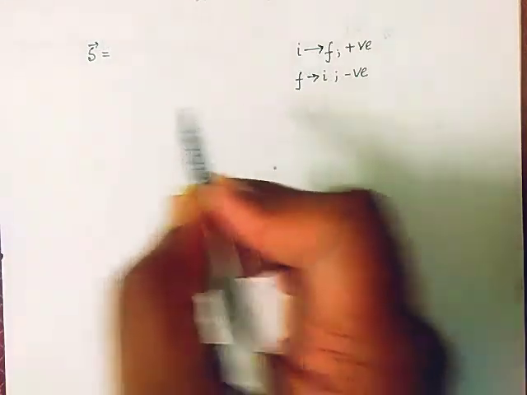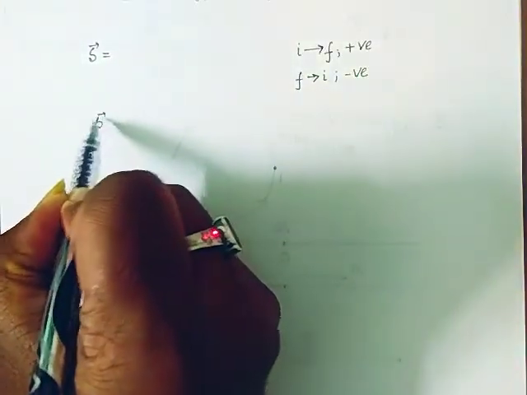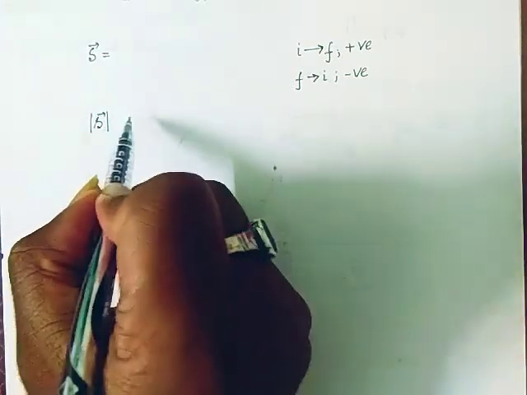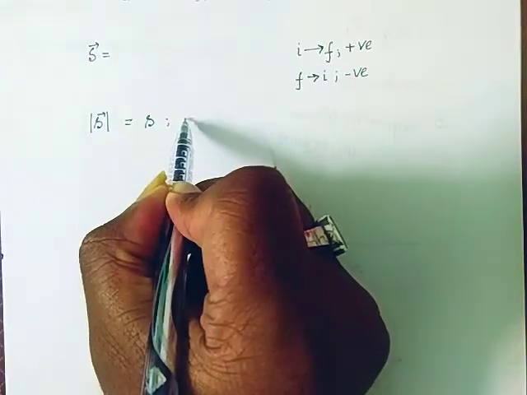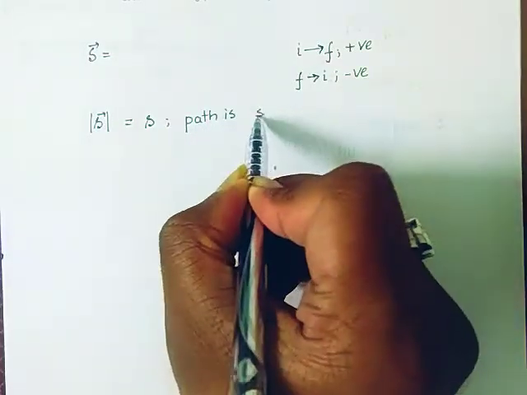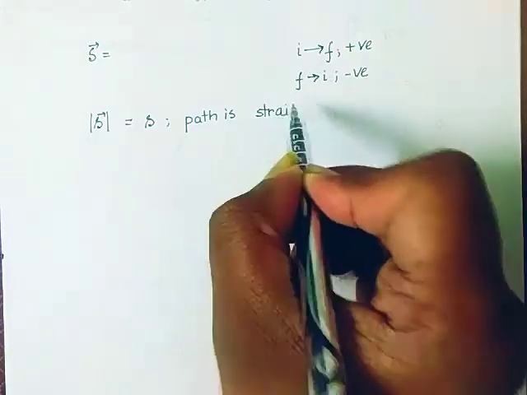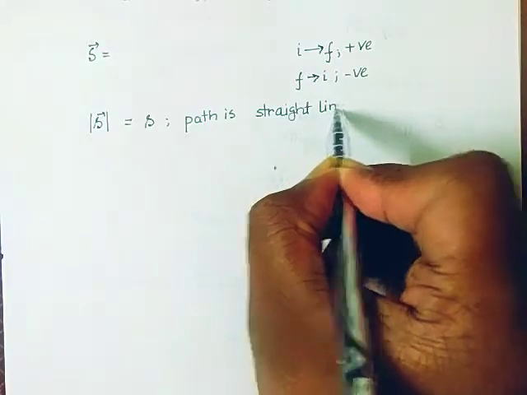So the magnitude of the displacement is equal to that of the distance only when the path followed by the particle is a straight line.